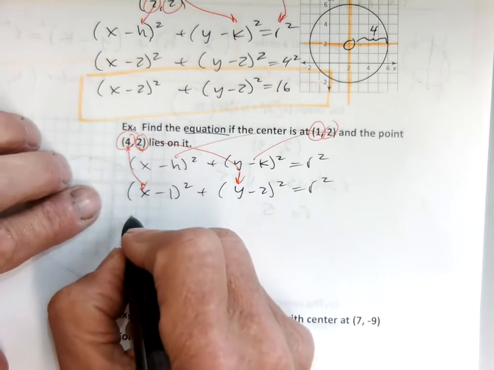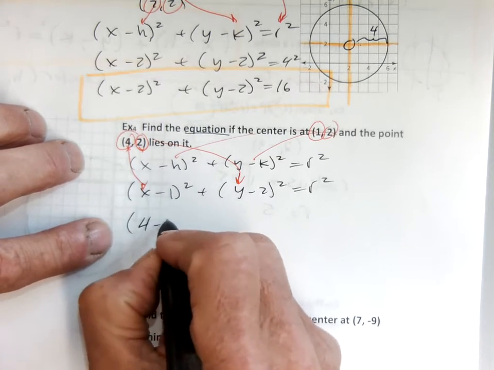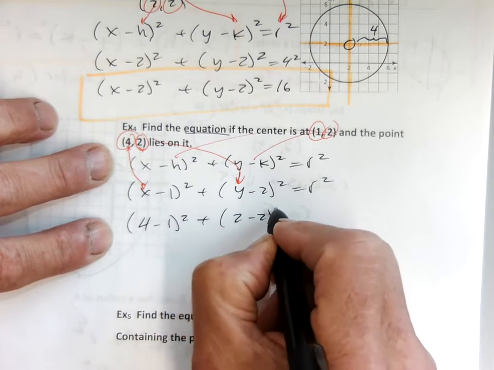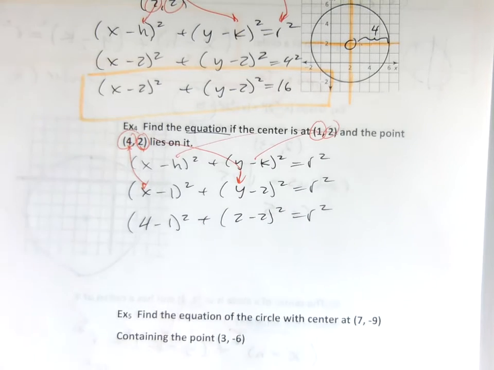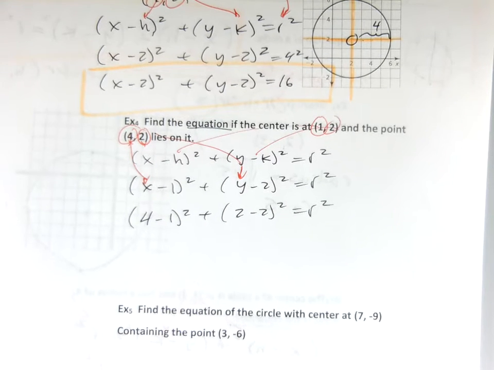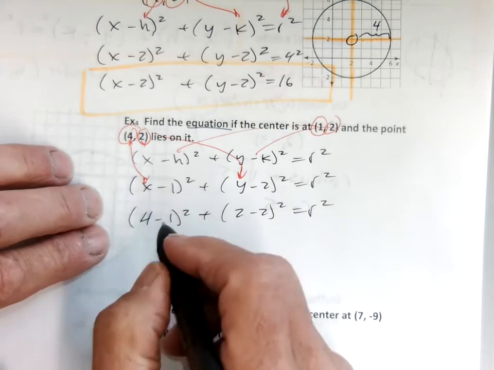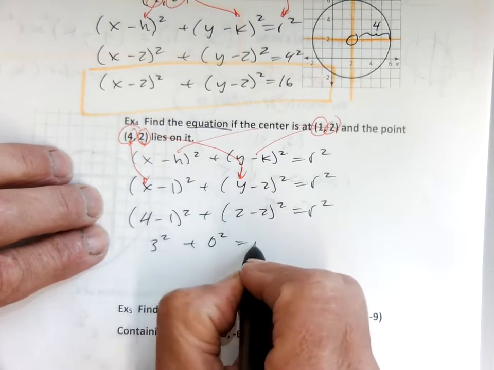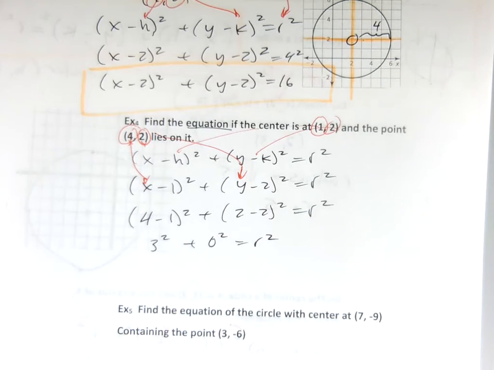I'll rewrite this as 4 minus 1 squared plus 2 minus 2 squared equals my radius squared, okay? And then I'm going to get 3 squared plus 0 squared equals r squared. Well, then obviously r is 3, okay?